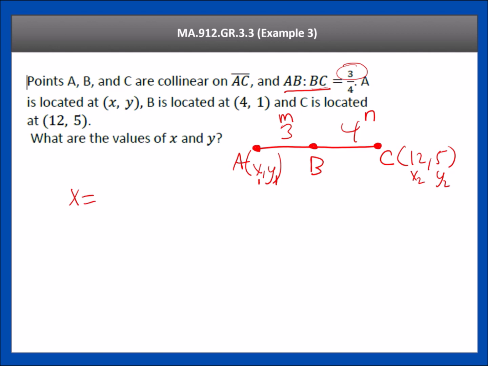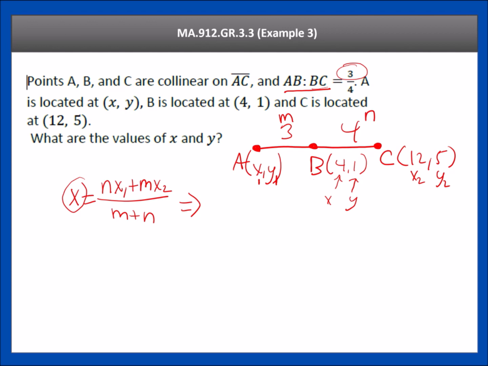And we can use the section formula. Let me write the section formula one more time just to jog your memory. So if I do that, then we know that x is equal to the coordinates of B. The coordinates of B are 4, 1. So this is going to be x, and this is going to be y.